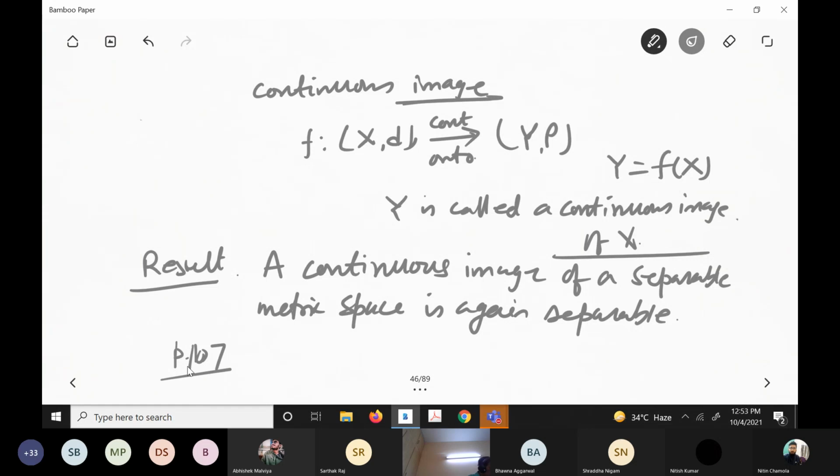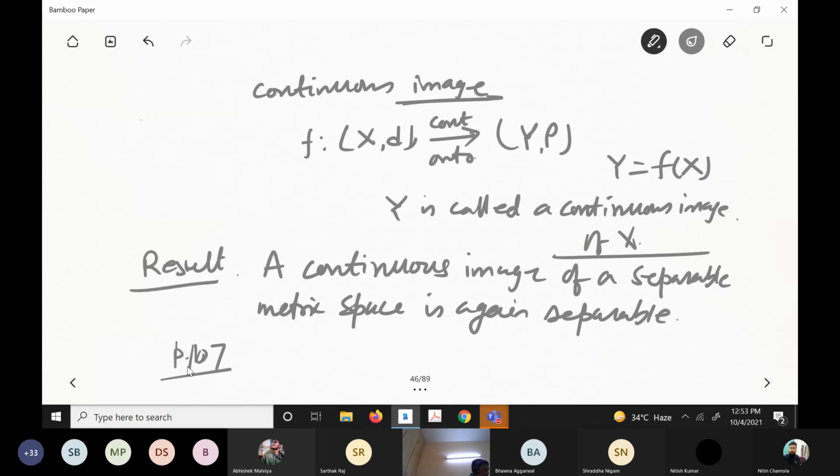Let f be a function between two metric spaces and x belong to X. Then the following are equivalent: f is continuous at x, and whenever x_n goes to x in X, then f(x_n) goes to f(x) in Y. That is exactly what the proof says, but you should read the proof.